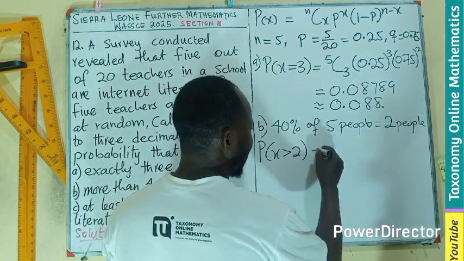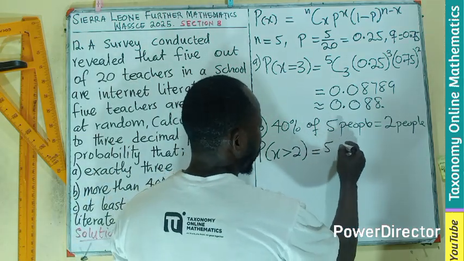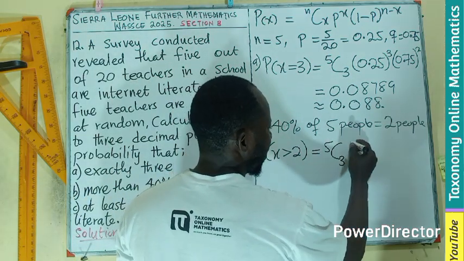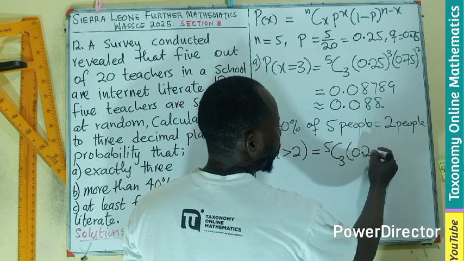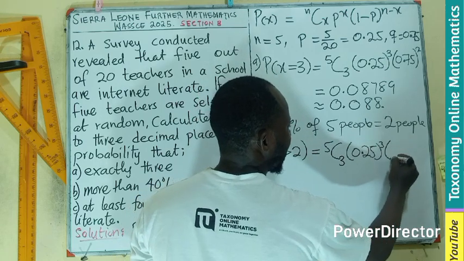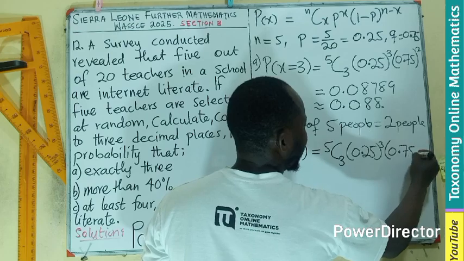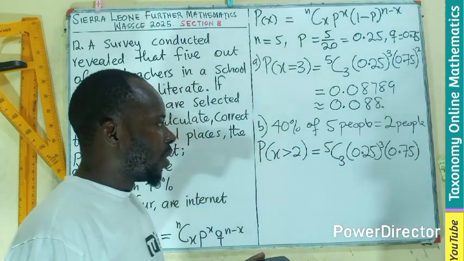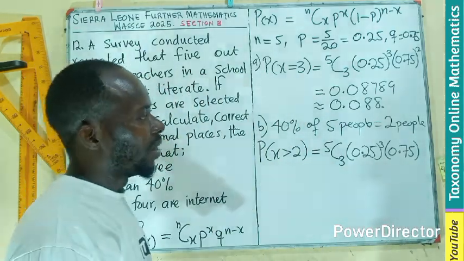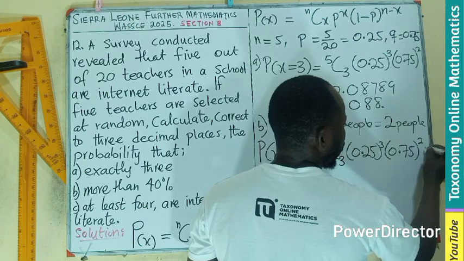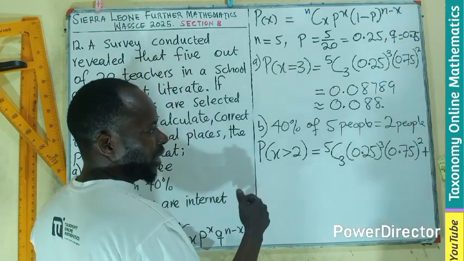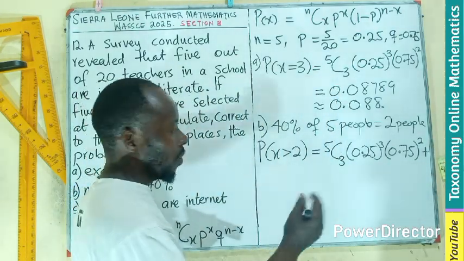So this means I have 5 combination 3, 0.25 power 3 times 0.75 power 2, plus, if I'm not selecting 3, I still select 4.